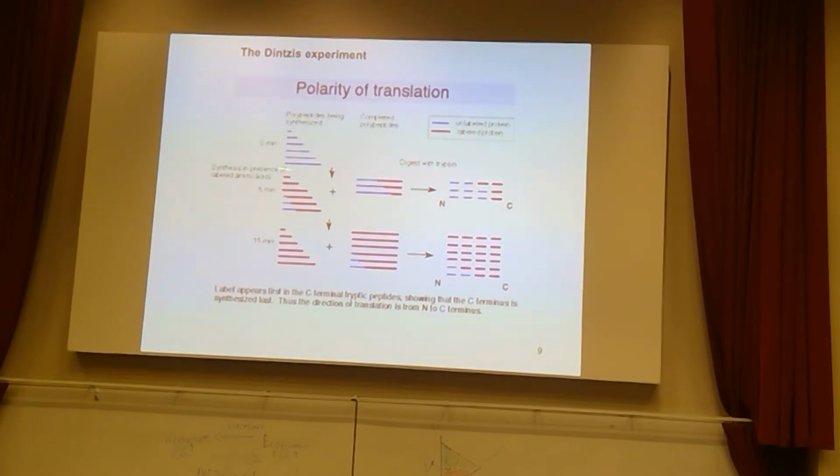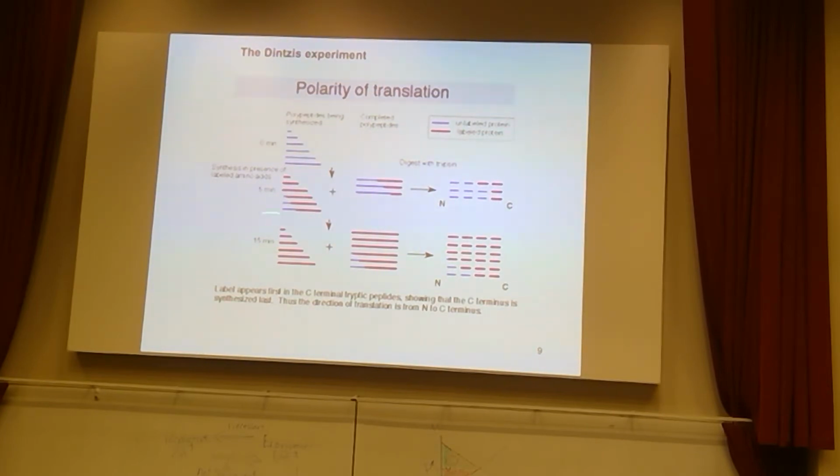If he added the radio label for 5 minutes, collects the protein chains, some of them partial length, some of them full length, and he only looks at the full length proteins, chops them up, analyzes the fragments that are produced, identifies which fragments are which, sees the radioisotope label only at those peptide fragments that are closer to the C-terminus.